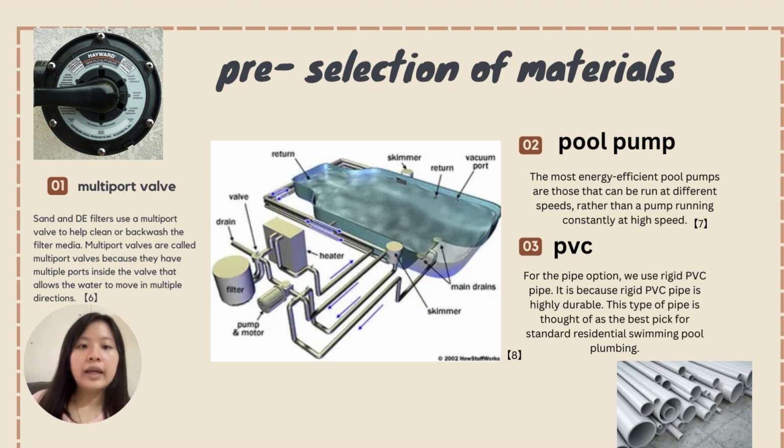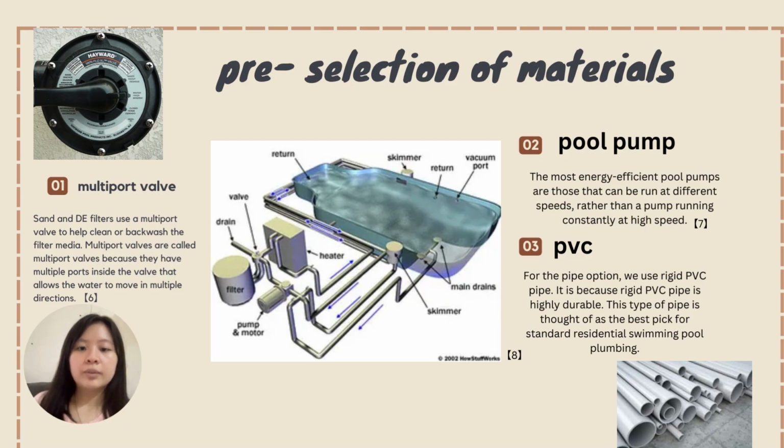The pump we use here is a pool pump because it is very efficient and can run at different speeds rather than a pump running constantly at high speed. Sometimes we don't need a very high speed pump in the swimming pool filtration system, so we can adjust the pump speed.